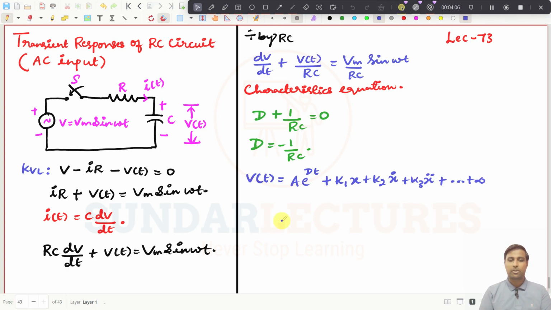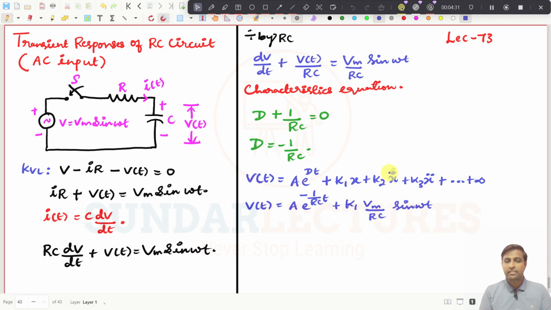We know that V of t will be A e power minus 1 divided by RC into t, then plus k1, and x here is Vm by RC into sin omega t.